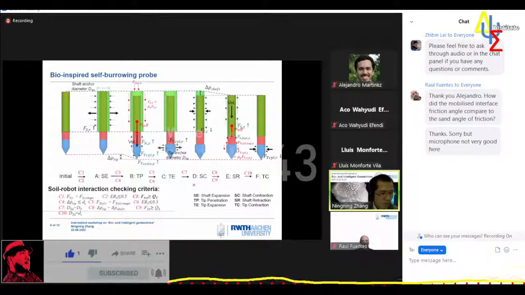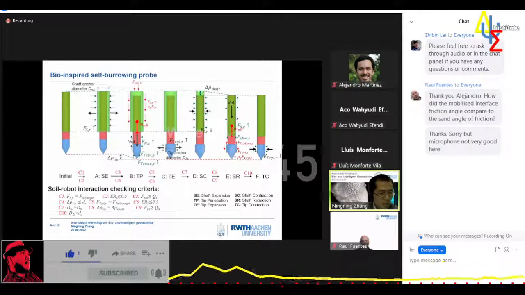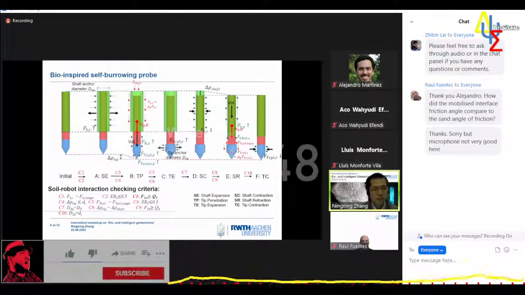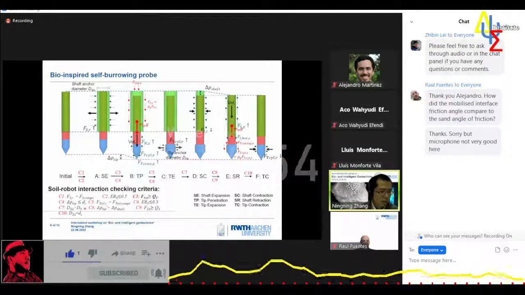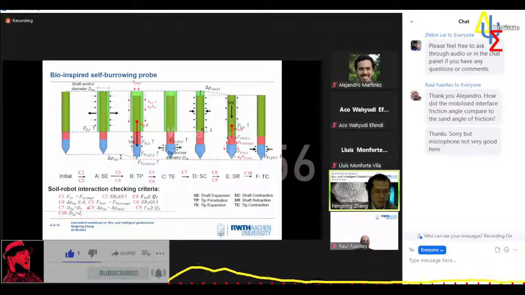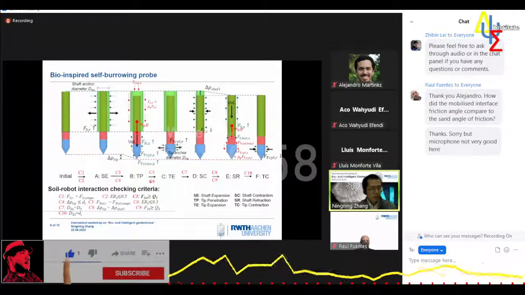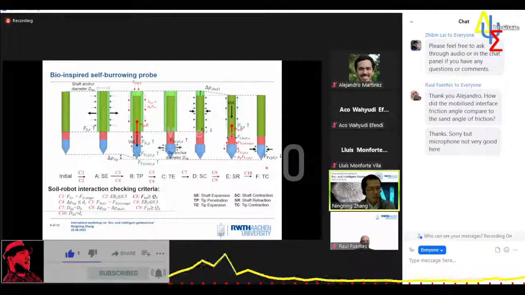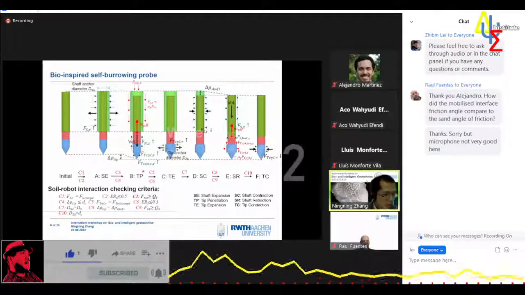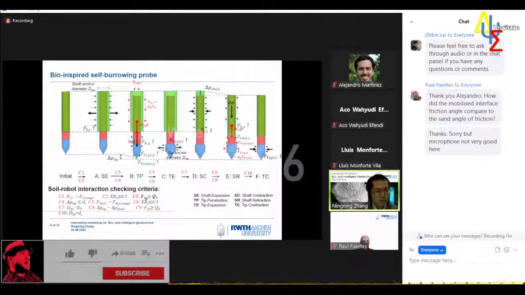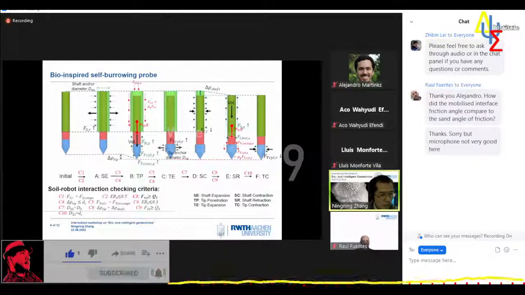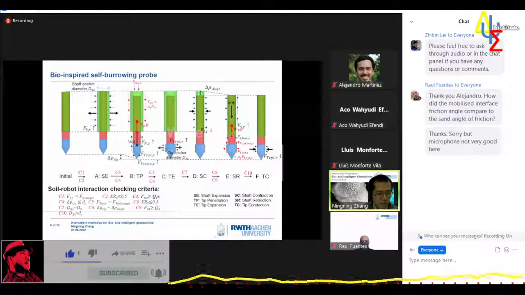Another example is that during shaft retraction, the retracted distance must be equal to the penetration distance during tip penetration, as defined by criterion C8. Among all these checking criteria, the most important one is C3, which defines the relationship between shaft anchorage force and the tip resisting force.